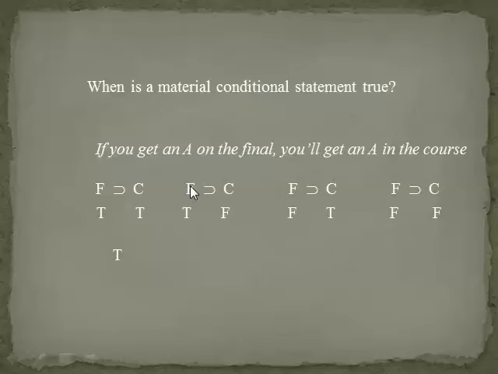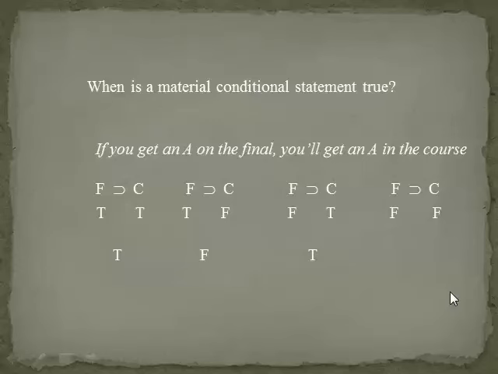But let's assume this case, you get an A on the final, but you don't get an A in the course. That sentence is false. Then you're going to say, he lied. That claim was false. But if you don't get an A on the final, in this third case, and you do get an A in the course, you're not going to have any reason to say he lied or that the statement was false.